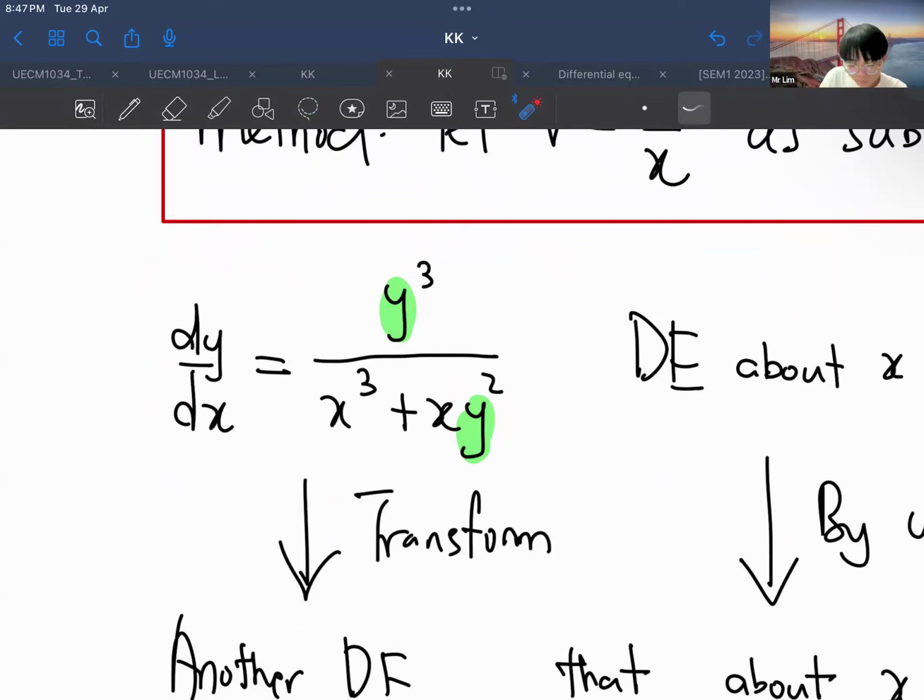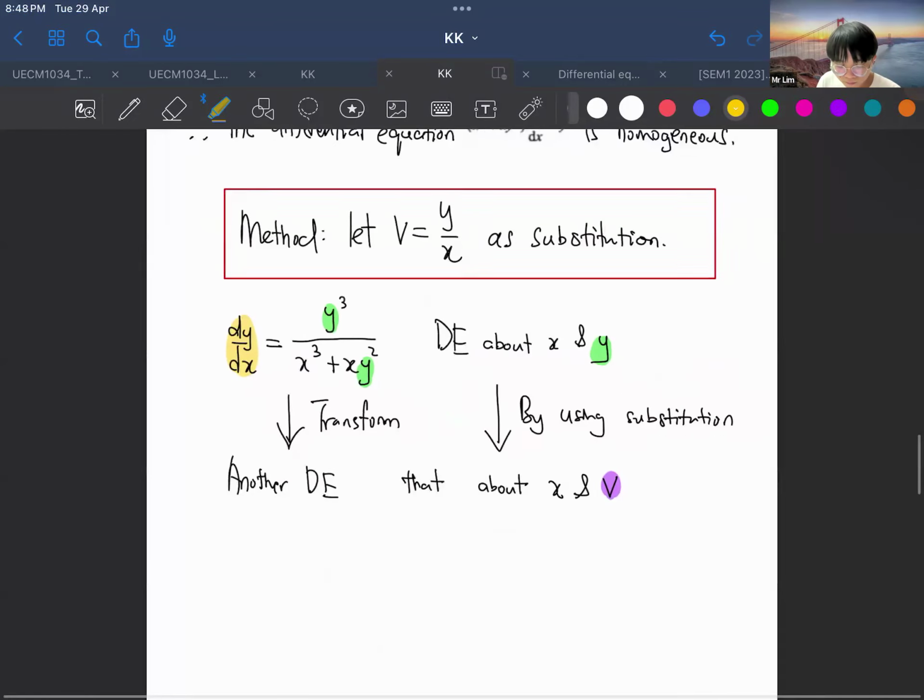Later I will tell you, don't worry. And then also dy dx, you don't want to see. Even though it's one item, not a fraction, you hope to replace this one with another thing. I'm trying to find this.